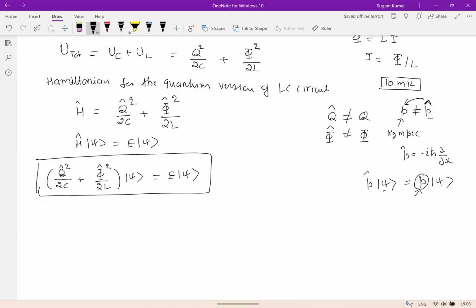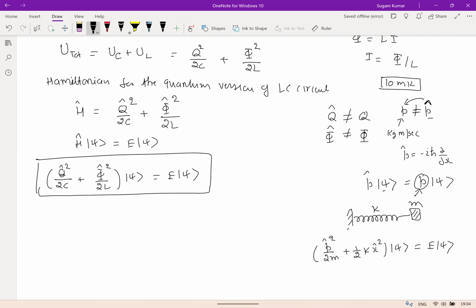You can compare this with our spring mass oscillator, with spring constant K and mass M. For the spring mass oscillator, the quantum mechanical equation is P square by 2M plus 1 by 2 K x square acting on psi equals E psi.